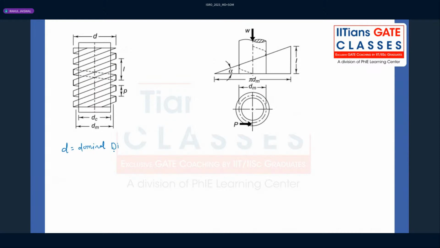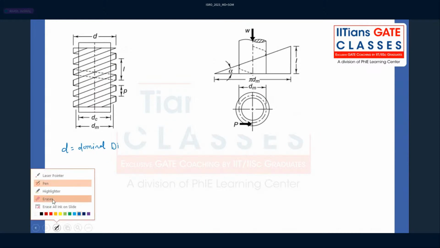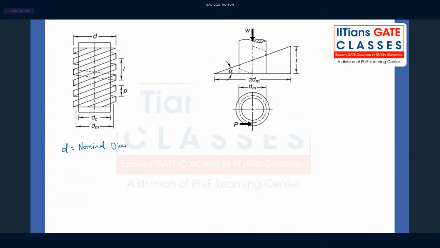Nominal diameter, core diameter, and then we have mean diameter. Here you try to understand the diagram which I have drawn on the right side.